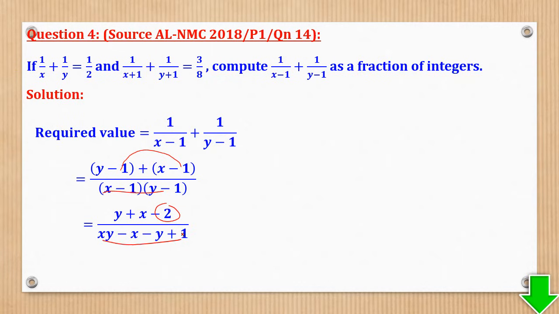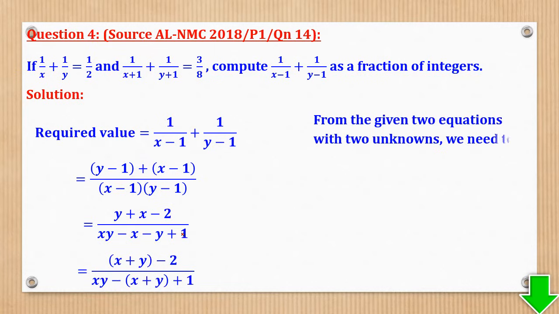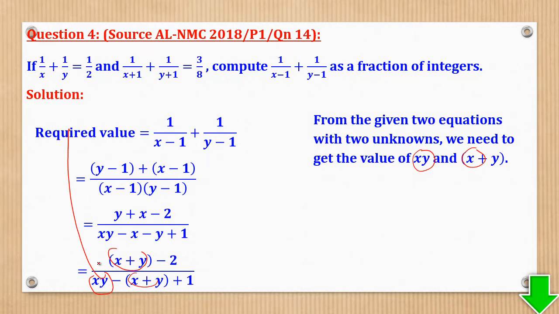Expand this to give you this. Okay, then from the given two equations with two unknowns, we need to get the value of this and this because that's what they want. That's what we need for us to get the required value. We need x plus y and also we need xy.